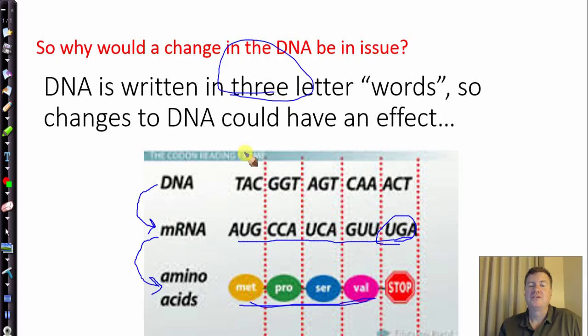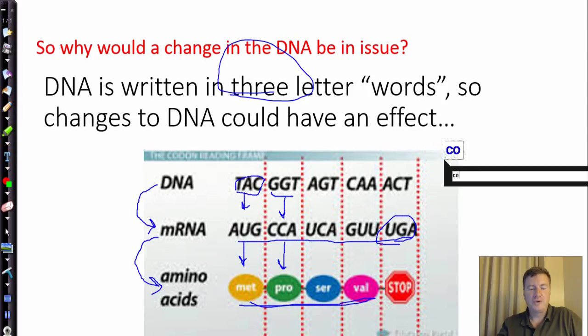So DNA is transcribed into messenger RNA, translated into amino acids, and because we have TAC, these three letters mean this. Then when these three letters are translated, they mean this. GGT is transcribed to here, translated into that amino acid. So it's important to see it's three-letter chunks, and we call these chunks codons.